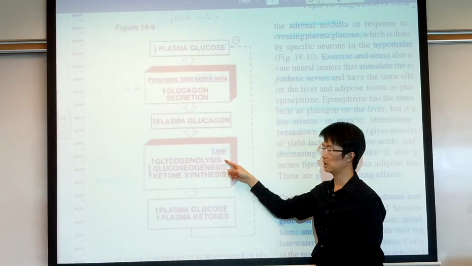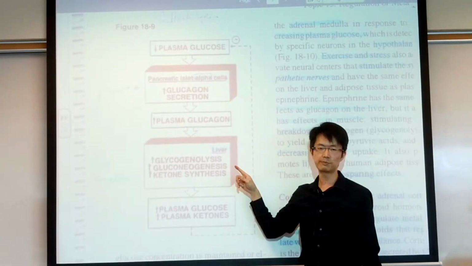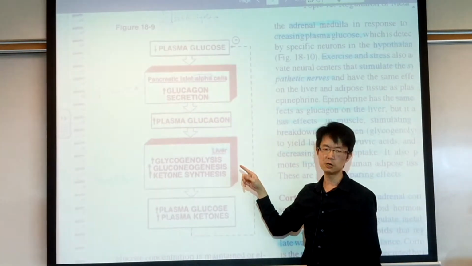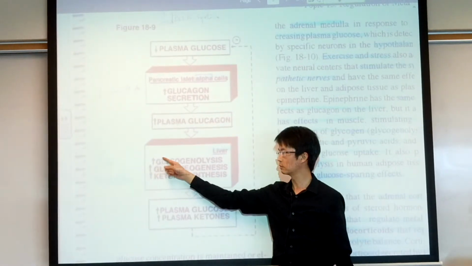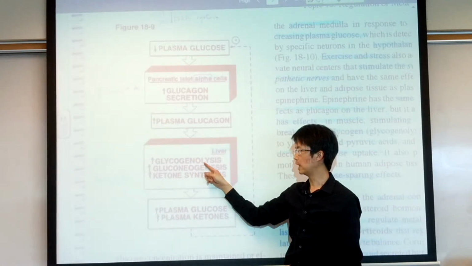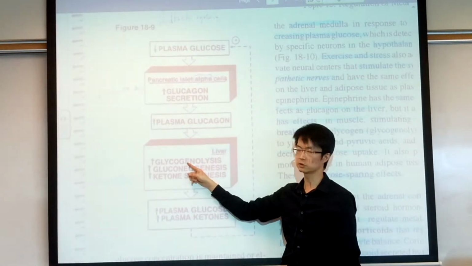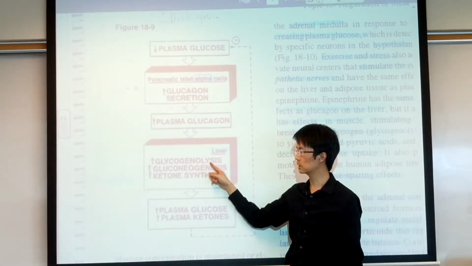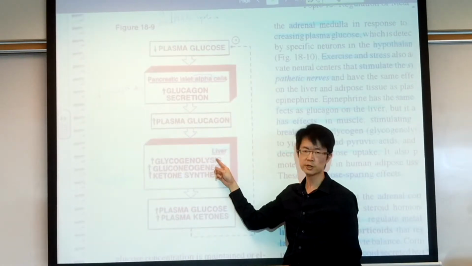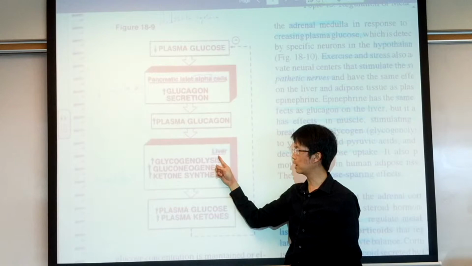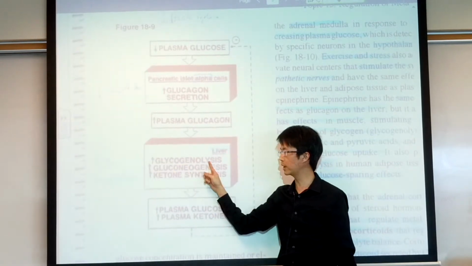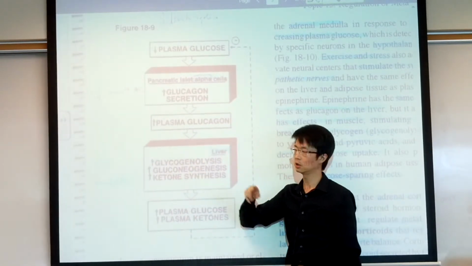What is that? During the post-absorptive state video, we talked about glycogenolysis. Glycogen is glycogen, lysis means breakdown. That means it's a process of breaking down glycogen. Glucagon will tell the liver to increase the breakdown of glycogen.